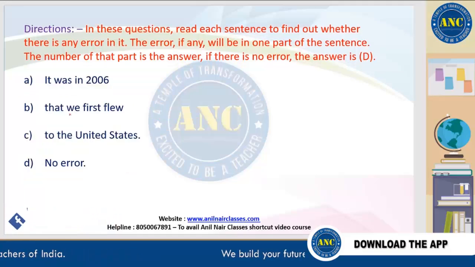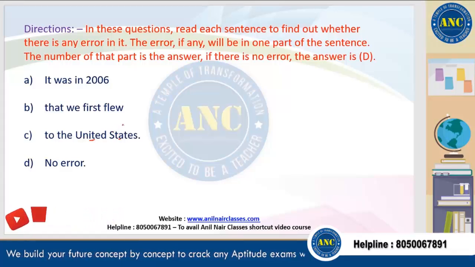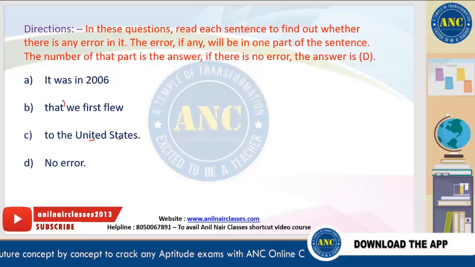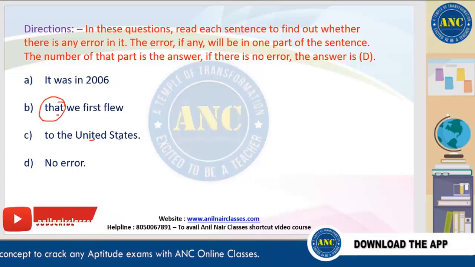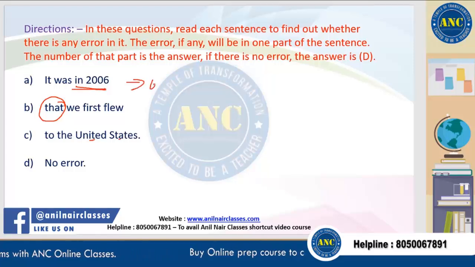It was in 2006 that we first flew to the US. What is the error in this? Yes, think. You are referring what? That. That refers to things. Here we are referring to what? 2006 is what time?